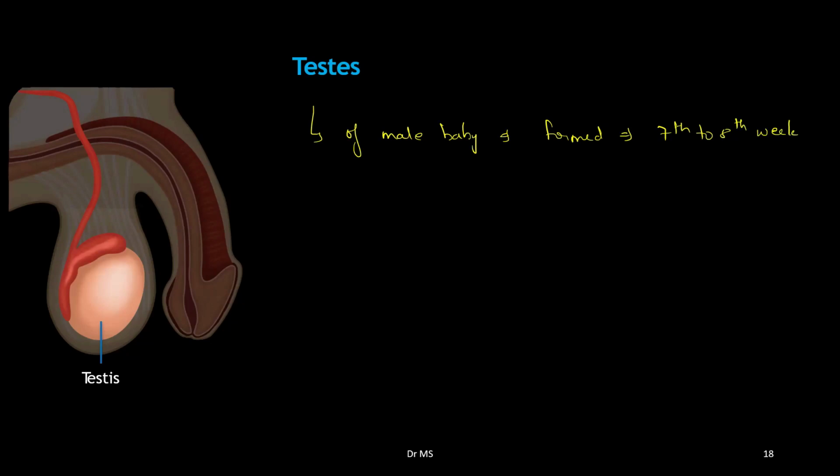So within the 7th to 8th week of pregnancy, they will be inside the abdomen. Remember this. Once produced, they stay inside the abdomen, and before birth they will move to the scrotal cavity. But till then, they are present inside the abdomen.